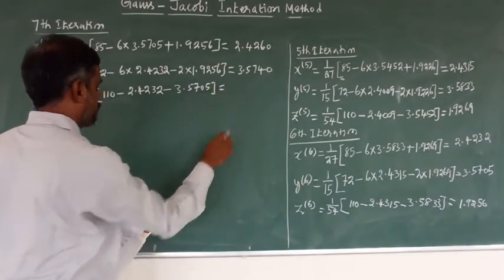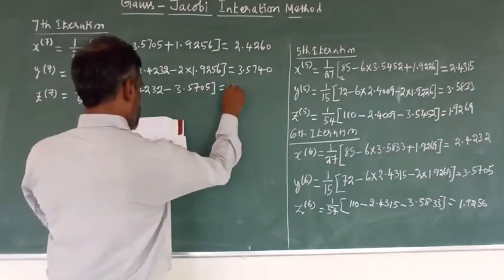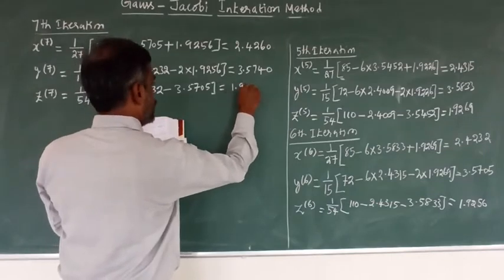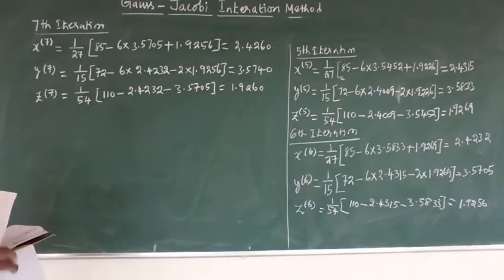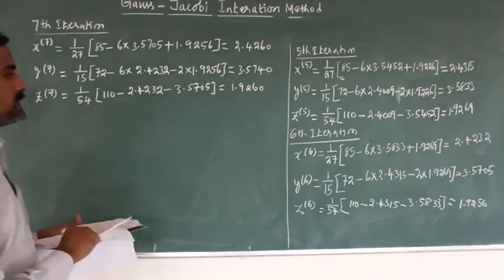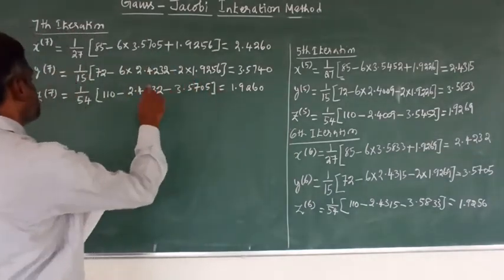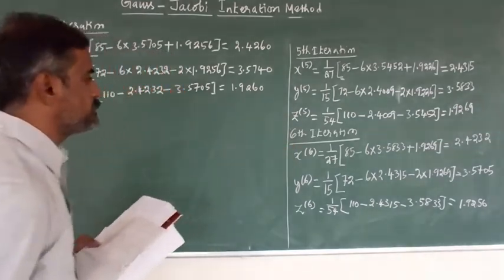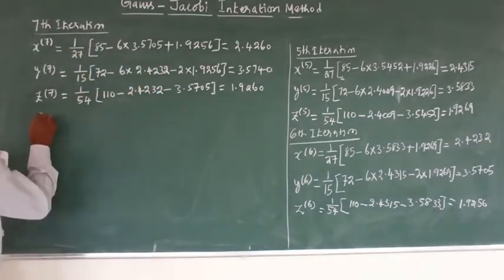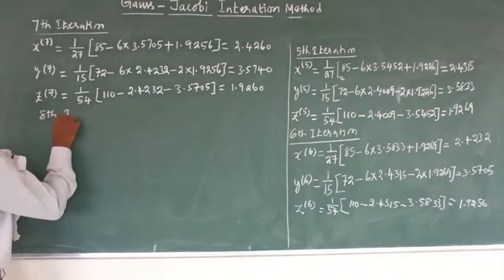Now to simplify, we get the result 1.9260. Now to compare the sixth iteration and the seventh iteration, both are not the same. So we can continue the eighth iteration.